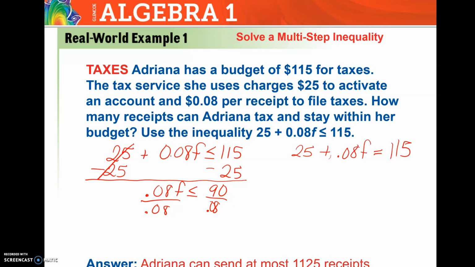I have 90, so 90 divided by 0.08. Then the amount of receipts that she can have, f, has to be less than or equal to 1,125. So she can have at most 1,125 receipts.